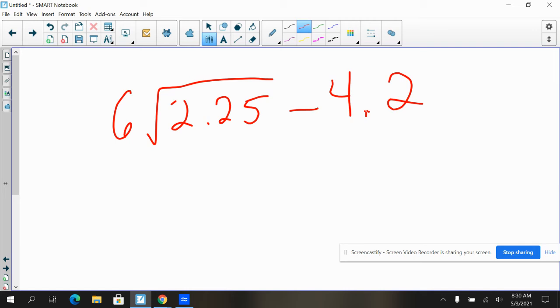Okay, with this example, and I just want to show this to you, because somebody said, do we know what the square root of 2 and 2500ths is? No, you don't.